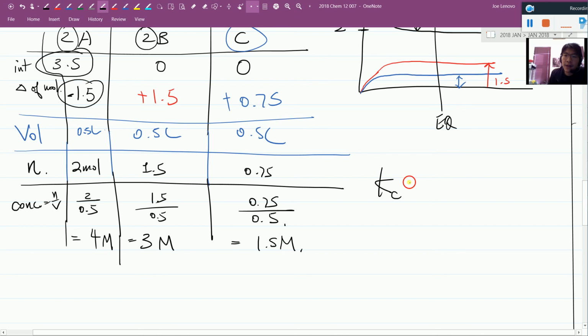Now the equilibrium constant equals B squared times C over A squared. B squared is 3 squared, C is 1.5, divided by 4 squared.